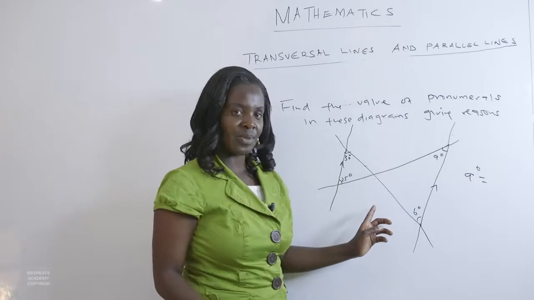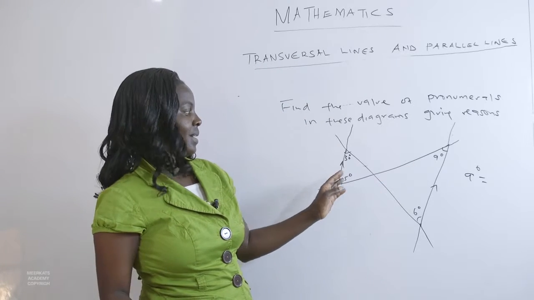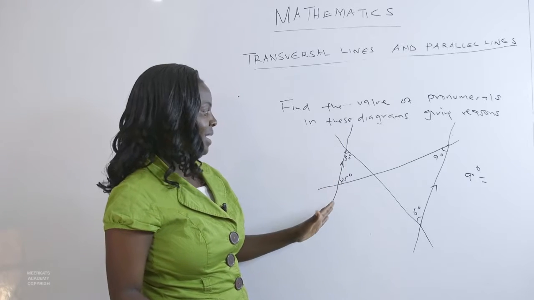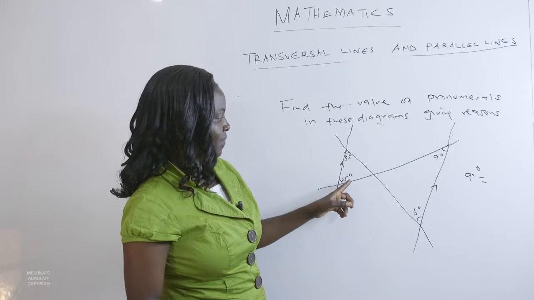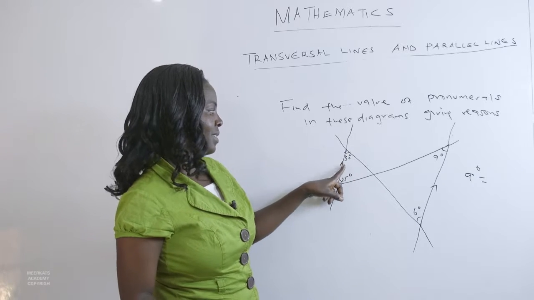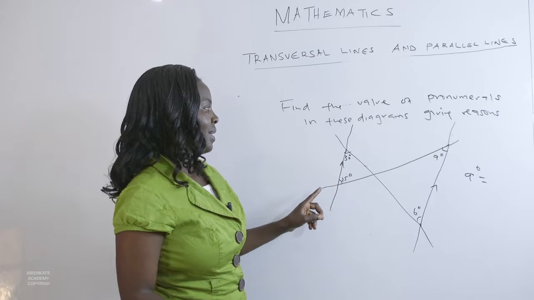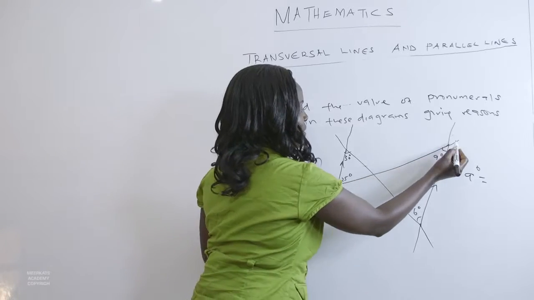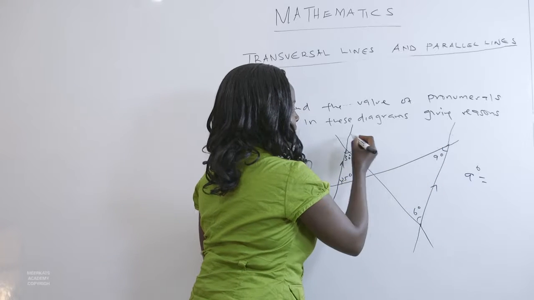So we have two transversals that are crossing each other, and they form angles with the parallel lines. This line and this line are parallel, and this line is our transversal.